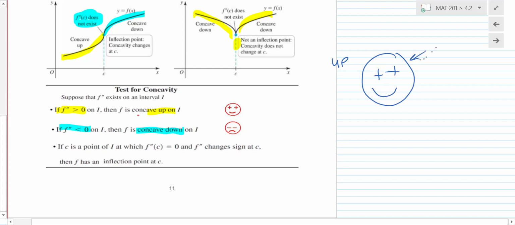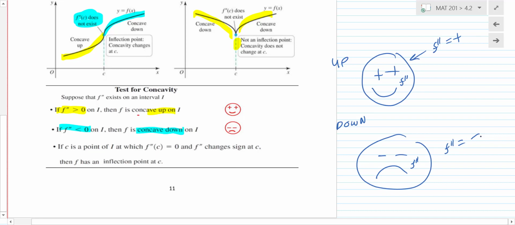That means it's positive, meaning the second derivative is positive. I sometimes tell students to put an f double prime tattoo on its cheek, to help you remember it's the second derivative. Then if it's concave down, it's frowning. It's got negative eyes. That just means the second derivative is going to be negative. So that diagram tells you how to analyze concavity.